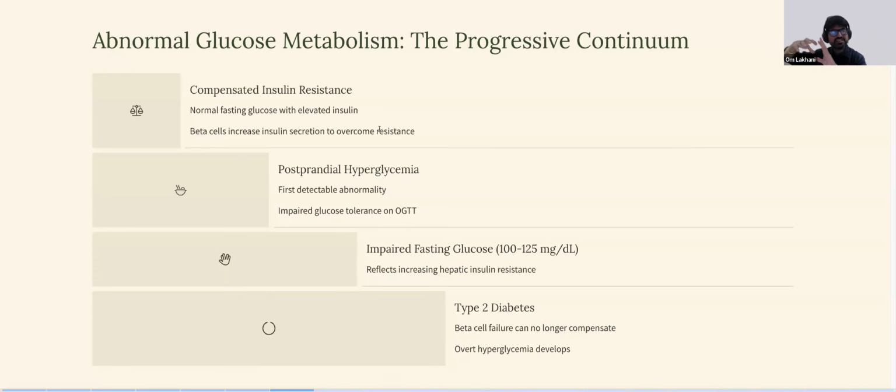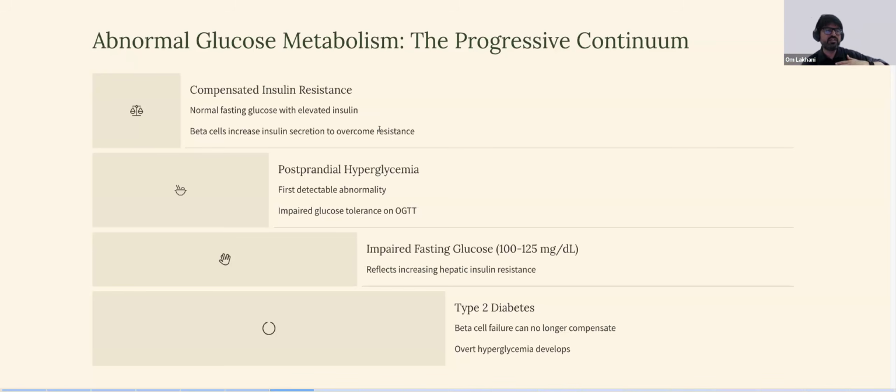Now, the first detectable abnormality that starts appearing is postprandial hyperglycemia. The post-meal sugars start going up. Why does this happen? A very simple explanation: you are compensating, but at some point the body cannot compensate for the increased insulin resistance.